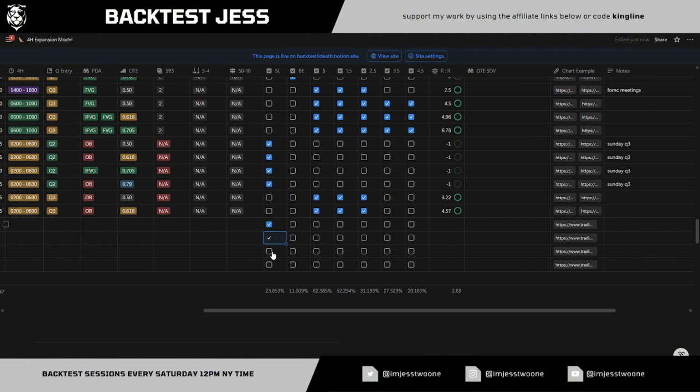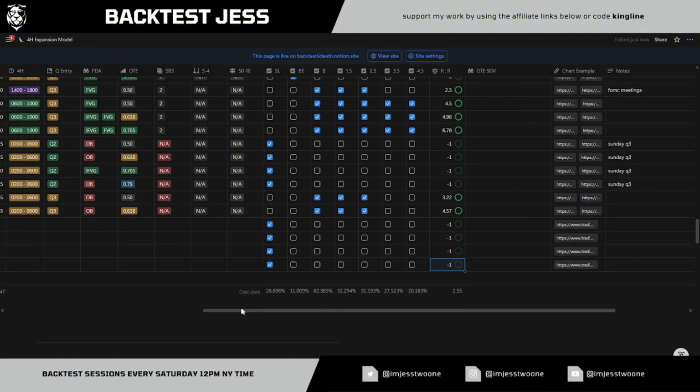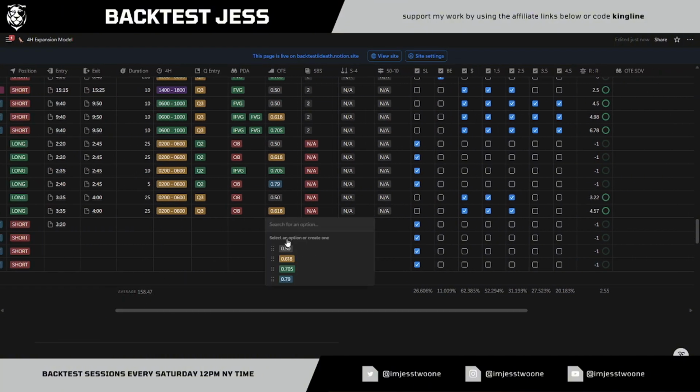We can put in all of the stop losses. This is all -1R. And then all of our entry levels: 0.5, 0.618, 0.705, 0.79.